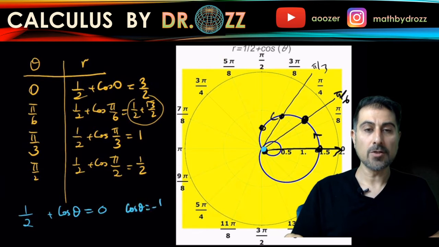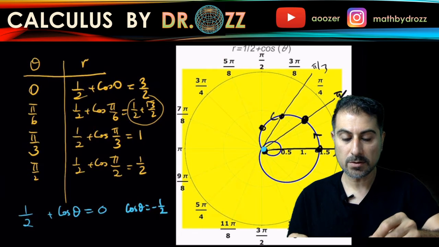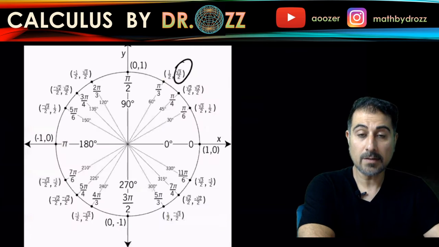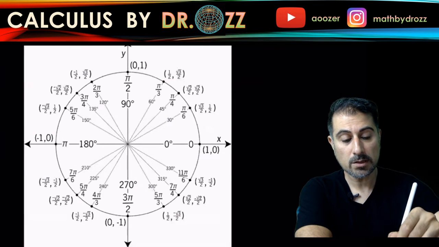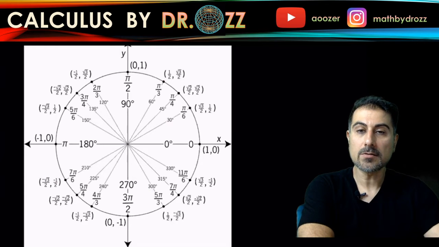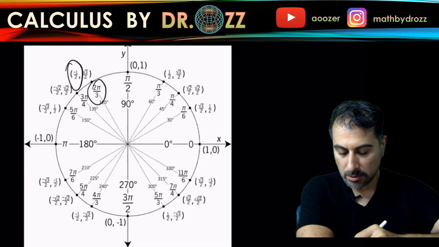Let's go back to the unit circle and look at cosine theta taking the value of negative 1/2 in the second quadrant. Here we go. I have 2 pi over 3, and the x-entry of that point is negative 1/2. That's exactly where I should go.